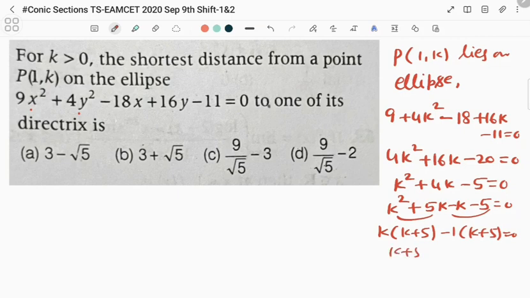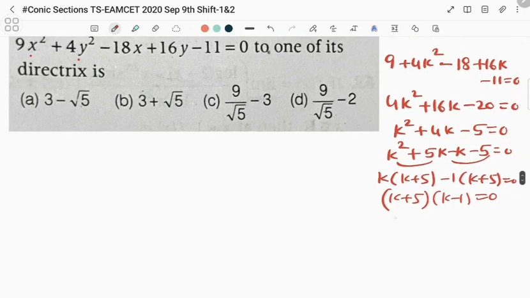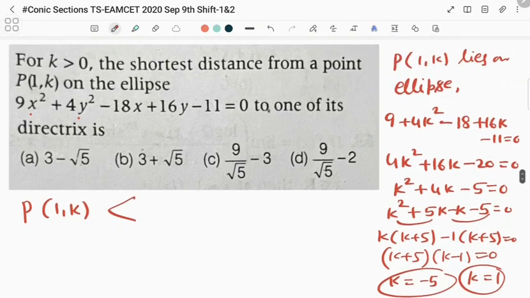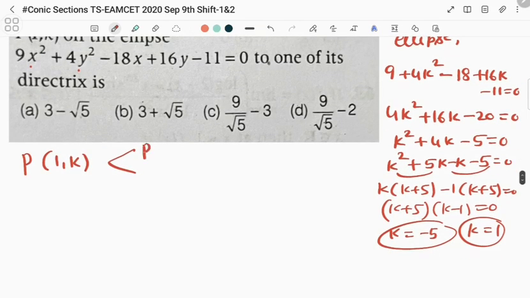So k plus 5 into k minus 1 equal to 0. So k is equal to minus 5 and k is equal to plus 1. So P(1, k) may be P(1, -5) or P(1, 1).